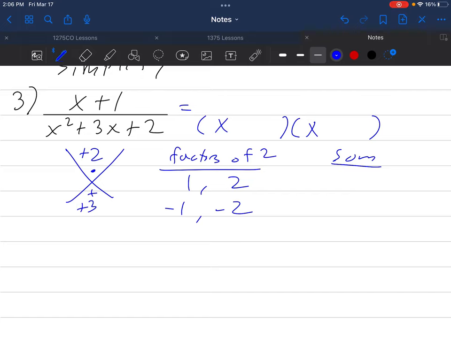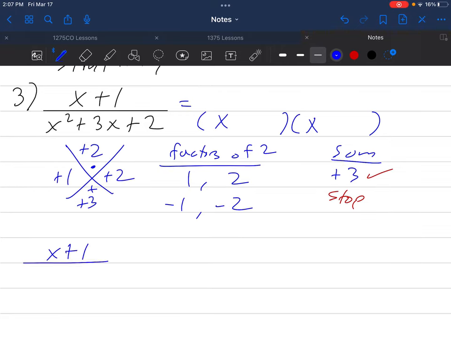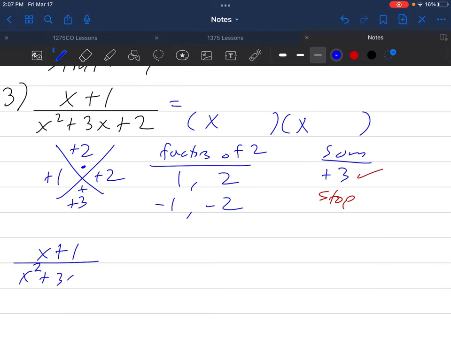The sum we are looking for is a positive 3. So since 1 plus 2 is equal to positive 3, that means we can stop right here. We don't have to even consider this because we already found what we're looking for. That was these two factors right here, plus 1 and plus 2. So that means x plus 1 over x squared plus 3x plus 2 is equal to x plus 1 over x plus 1 times x plus 2.